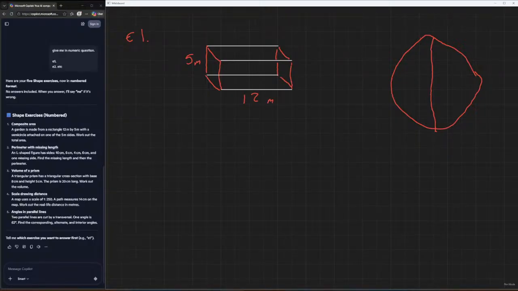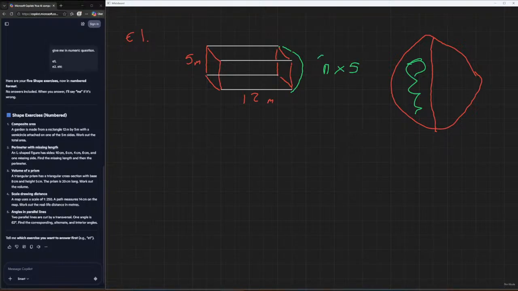So this is a half circle, this bit here. This is a semicircle, and it's gonna be 5 meters. Work out the total area. Pi times the diameter, which is gonna be the 5.